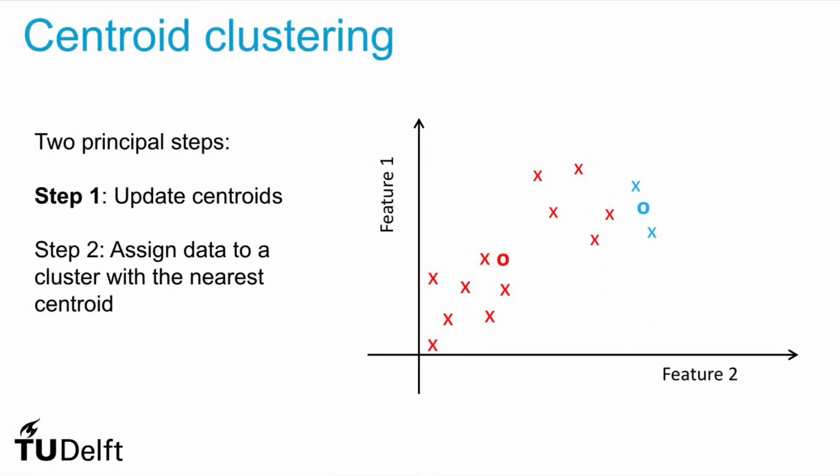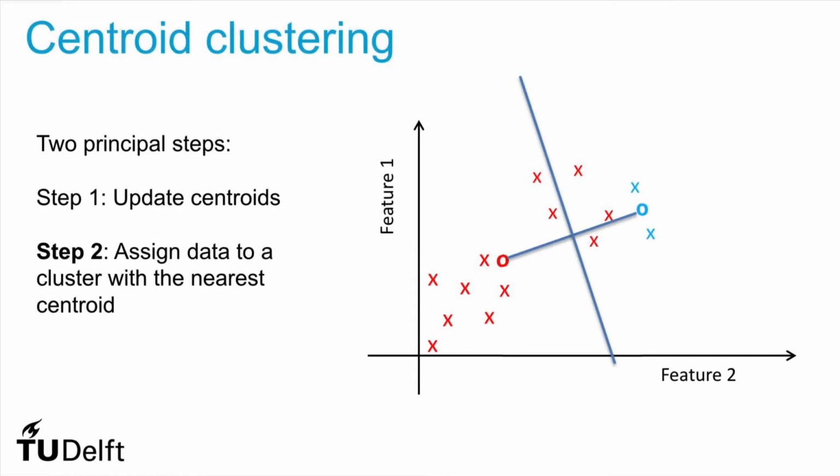In the next step, we get back to step 1 and we update the centroids. For instance, we use the mean value of the actual clusters. Then in the next step, we repeat assigning data to the cluster with the nearest centroid.